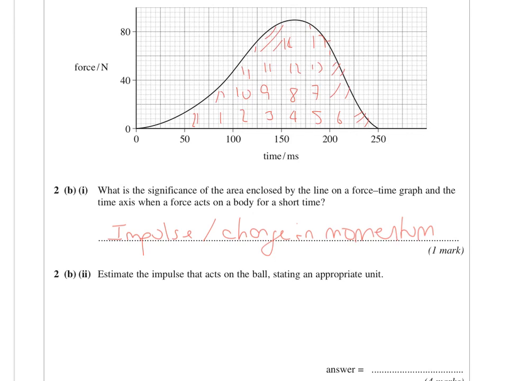Basically, I reckon there's 21 sets of areas there, and each one of them represents 25 times 10 to the minus 3 for the base, and the height of one is 20. So let's see what that comes out as. 20 times 25 times 10 to the minus 3 times 21, which I reckon comes out at 10.5 newton seconds, because it's an impulse that we've just calculated.